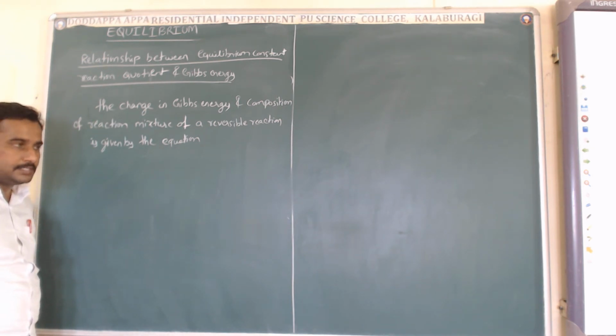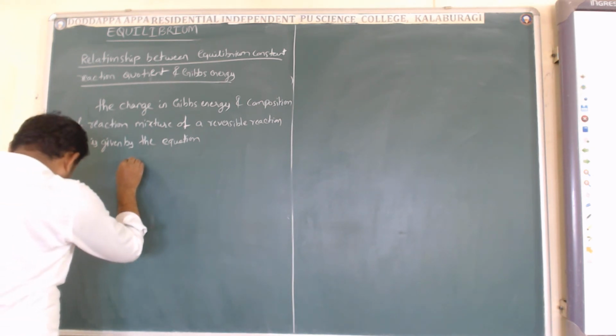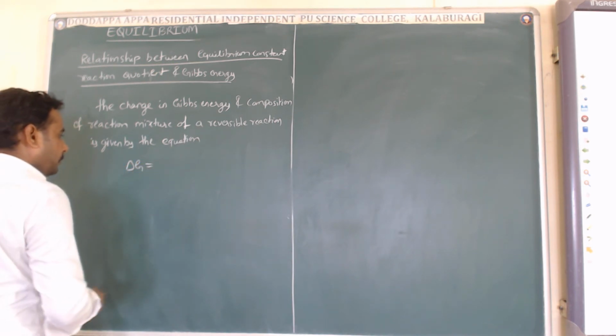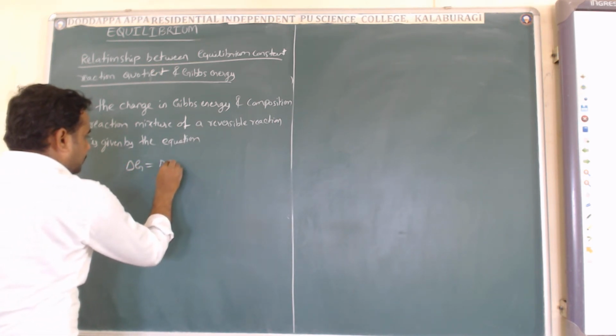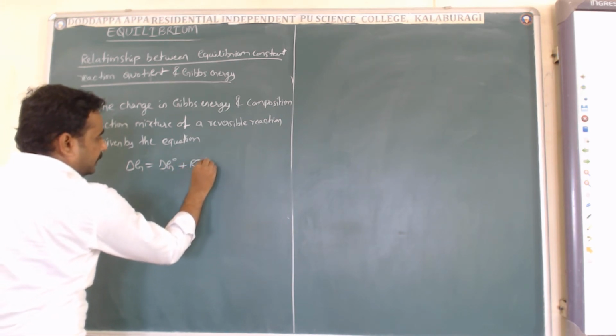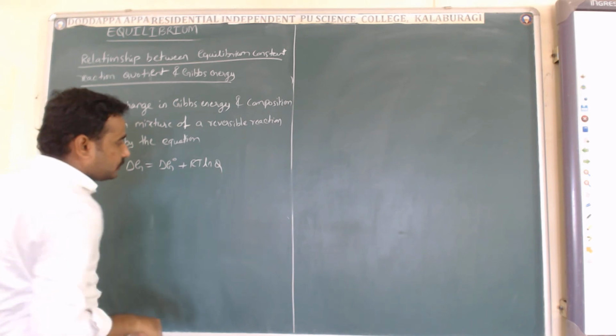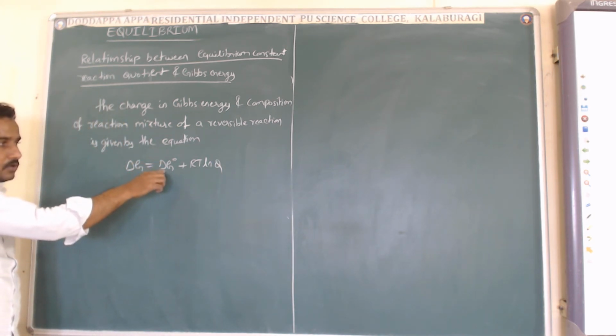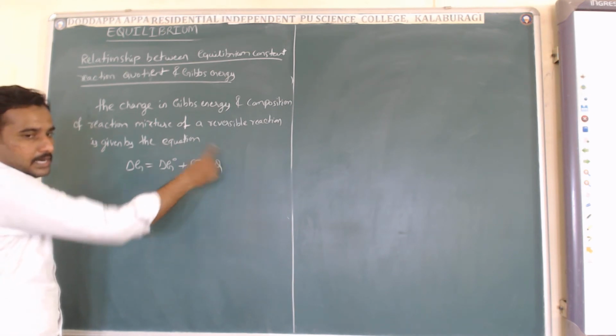There is one equation here: delta G is equal to delta G naught plus RT ln Q.